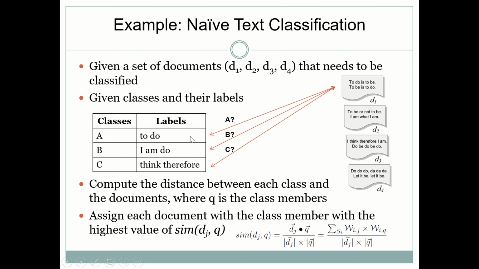Whichever label gives you the nearest distance, we assign that class label, A, B, or C. This is quite straightforward, and this is what we call naive text classification.